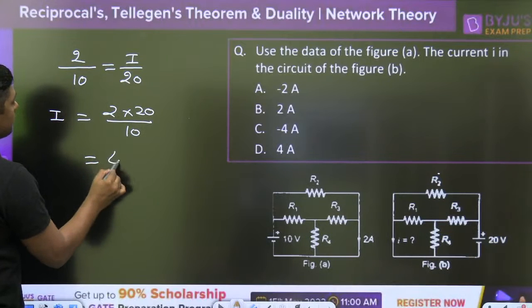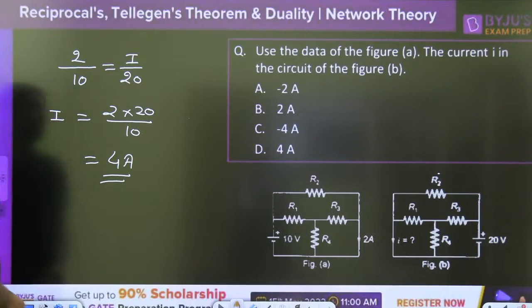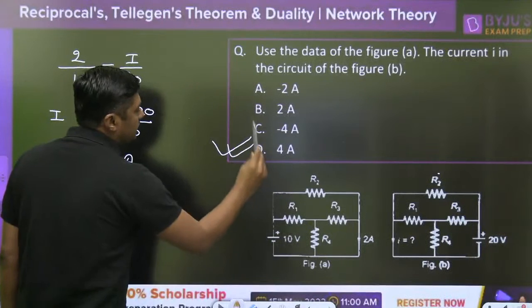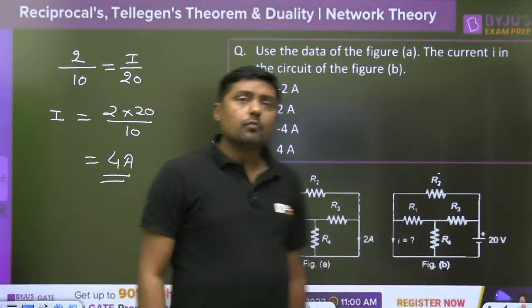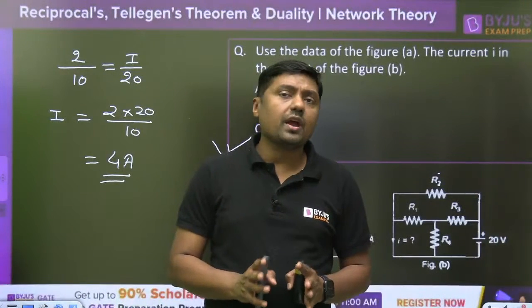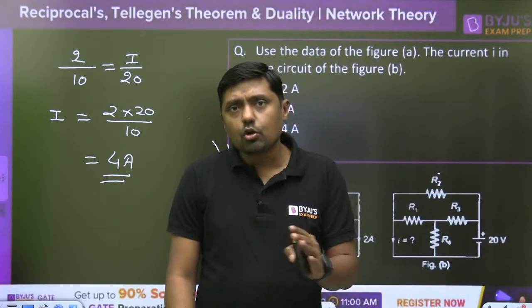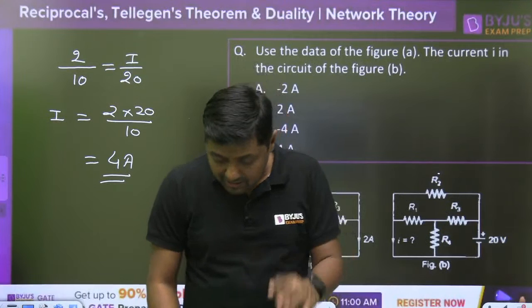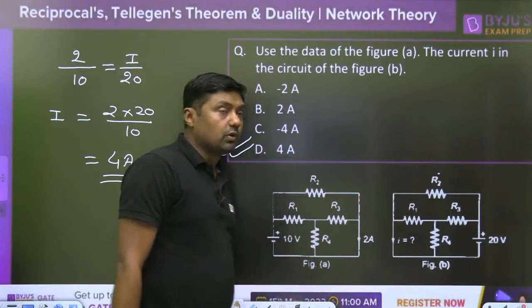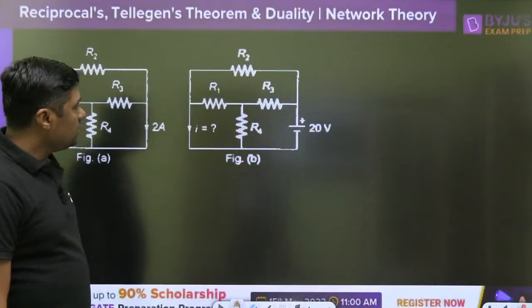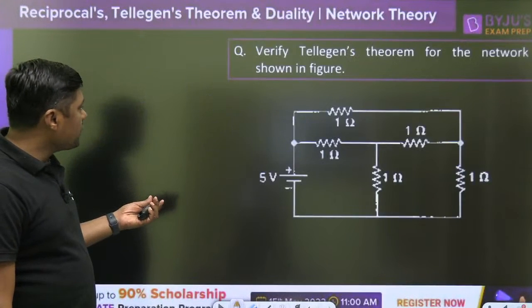That is nothing but 4 ampere. D is the option, D for Delhi. In this type of question we have to use the reciprocity theorem. It is purely a combination of resistors, and that's why it is a reciprocal network.